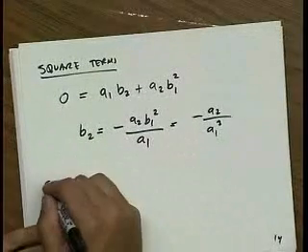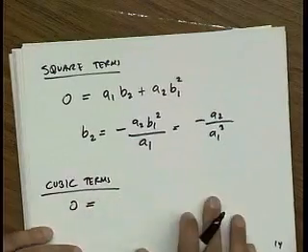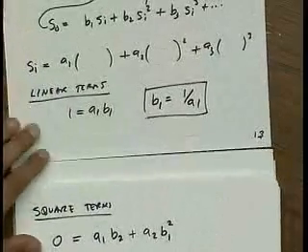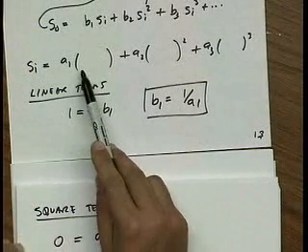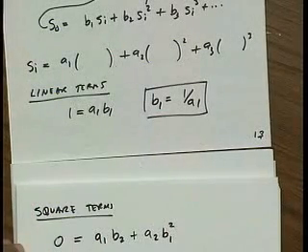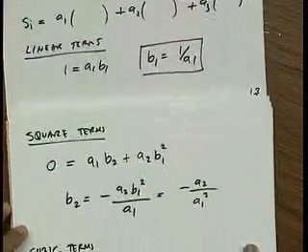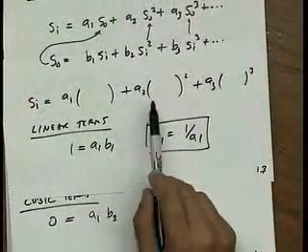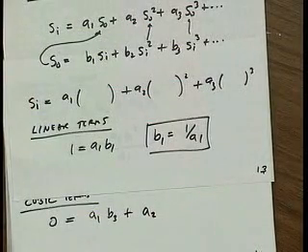And I can do the same thing for cubic terms. Again, there are no cubic terms on the left-hand side of this equation. The right-hand side, I have a cubic term which naturally comes out of here. So that's going to be A1 B3. If I look here, my A2 term will have basically 2 cubic terms.